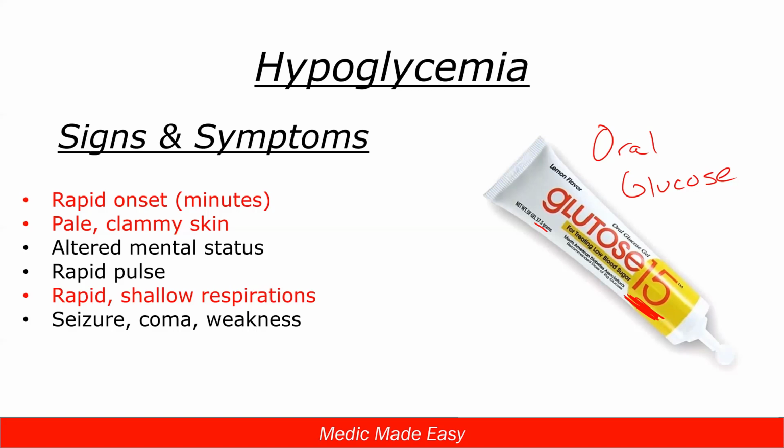But in national registry land, we don't have protocols because we don't actually have a medical director. So unless the question is phrased that you have offline orders or standing protocols to use oral glucose, we have to err on the side of contacting medical control for permission to give the oral glucose.